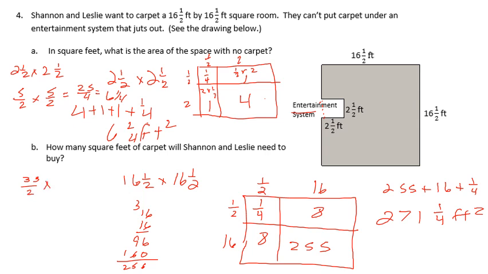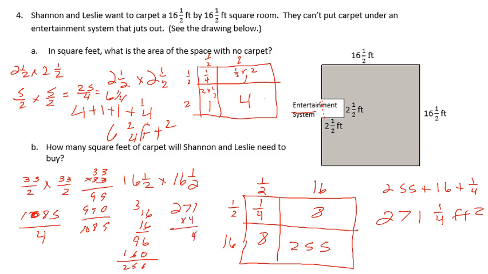If I turn these into improper fractions, 16 times 2 is 32 and 1 is 33. So I got 33 halves times 33 halves, which is going to give me 33 times 33, which is 1089 fourths.